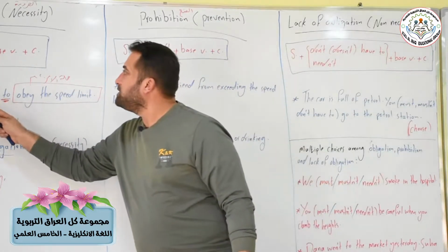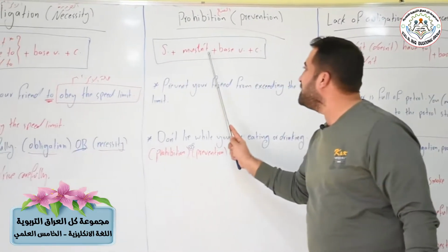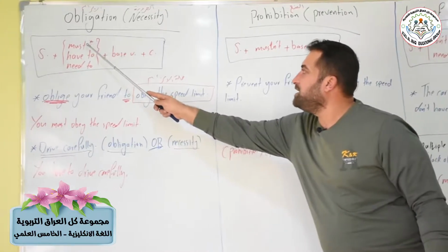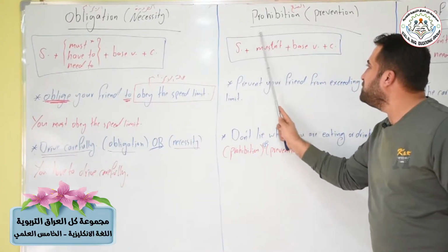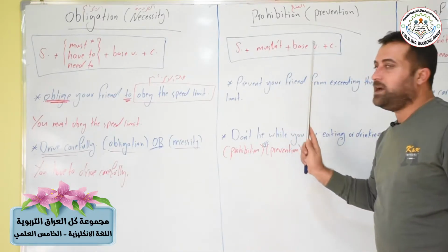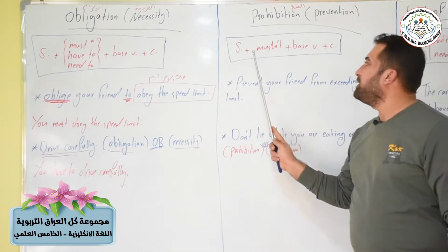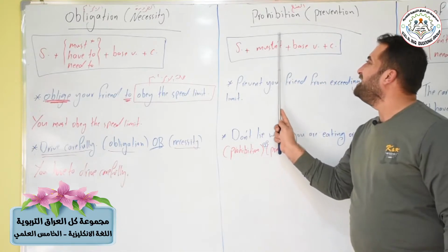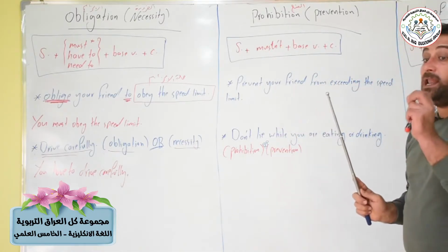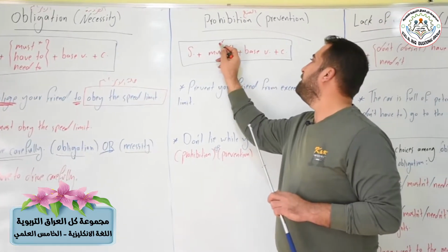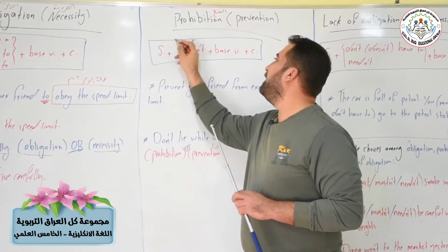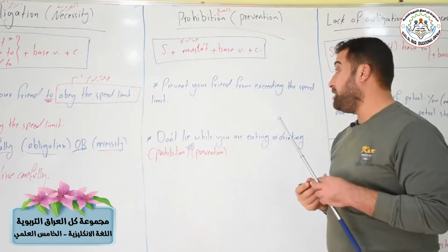We use must and negate it, ونفينا and changed it into negative form, وحولناها إلى حالة النفي, and it became subject plus mustn't, يجب أن لا in Arabic, and base verb plus complement.